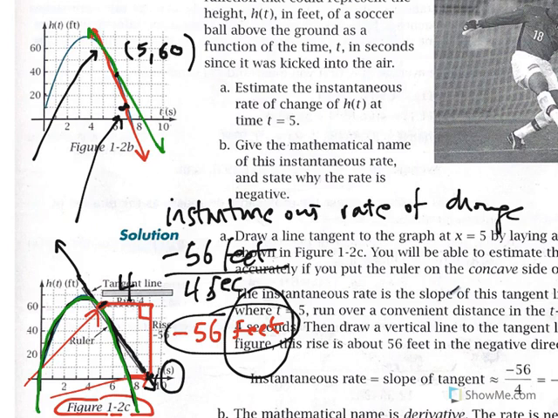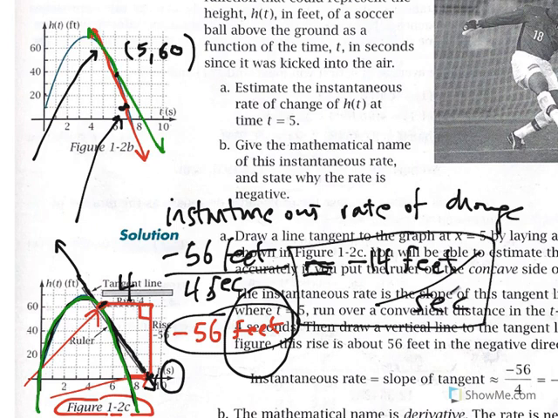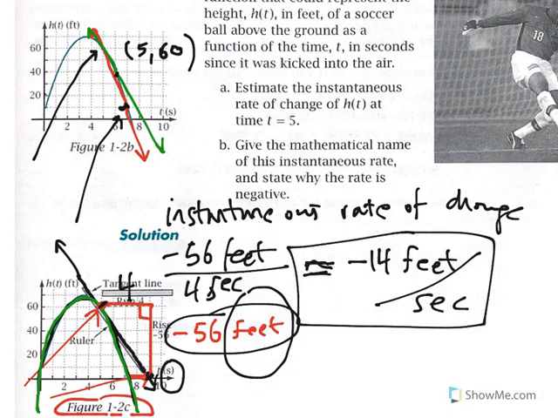That's going to be negative 14 feet per second. So that is what we believe to be the instantaneous rate of change of the height of the ball at time t equal to 5 seconds.